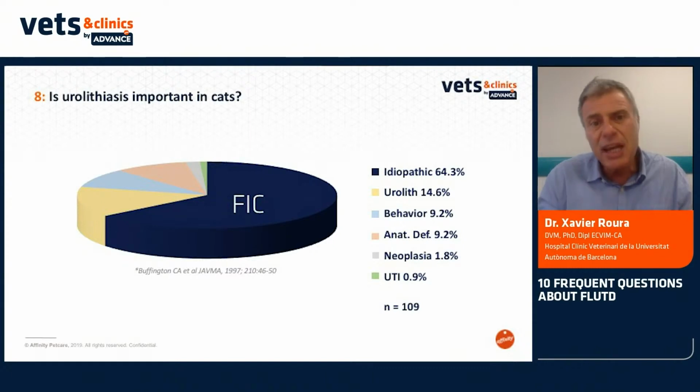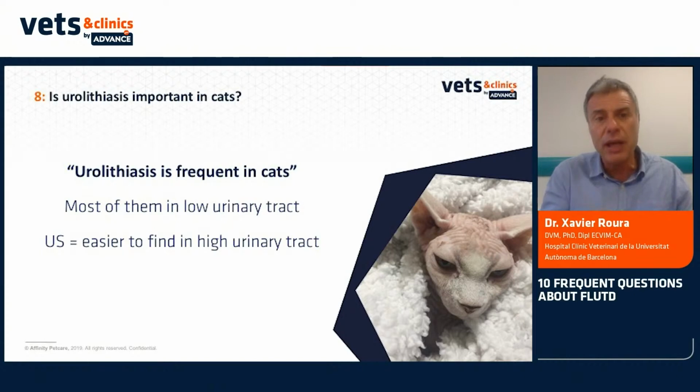But because feline idiopathic cystitis cannot be diagnosed directly, we need to exclude the other causes in order to confirm it. And the most frequent cause other than feline idiopathic cystitis is urolithiasis. So urolithiasis is the second cause of feline lower urinary tract clinical signs. These clinical signs associated with different diseases could be associated with urolithiasis. So yes, urolithiasis is frequent in cats.